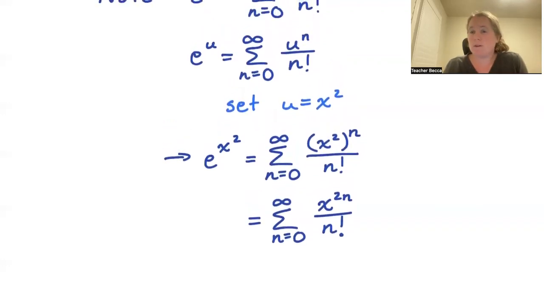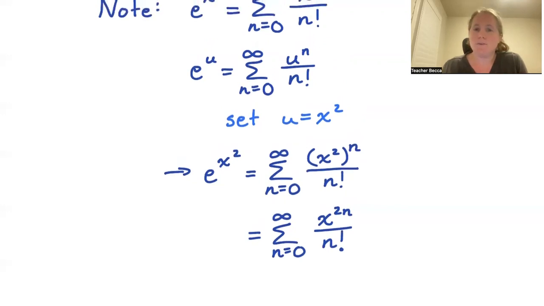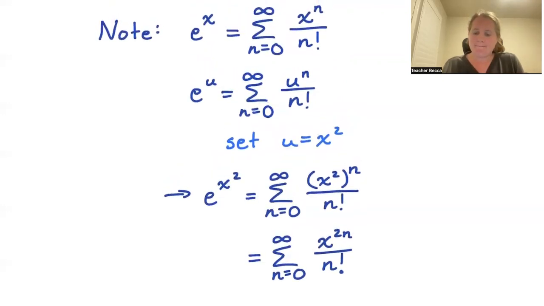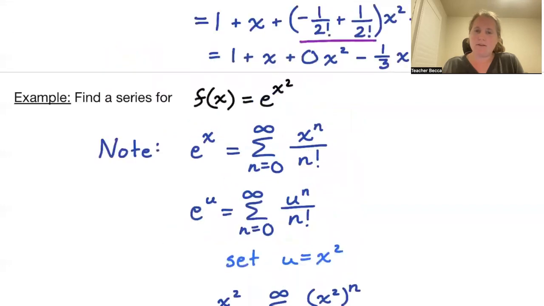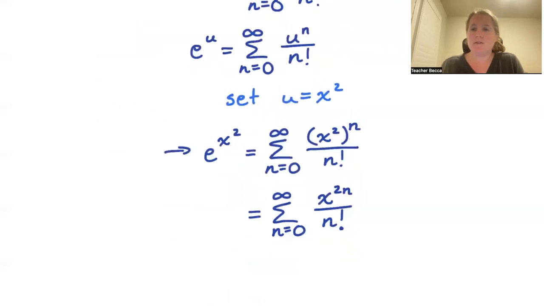And this should converge for all x, since the original e to the u converges for all u. So this is our series for f of x equals e to the x squared.